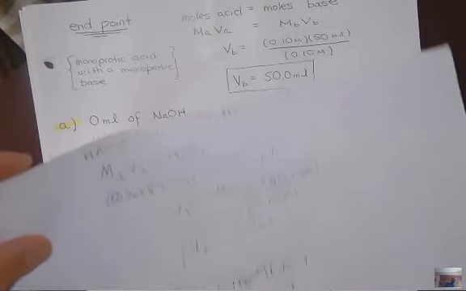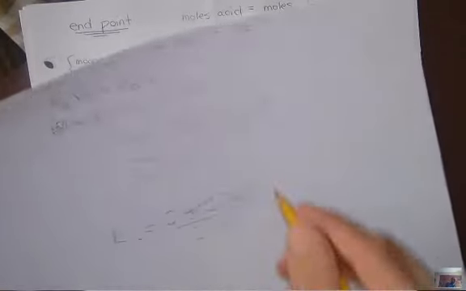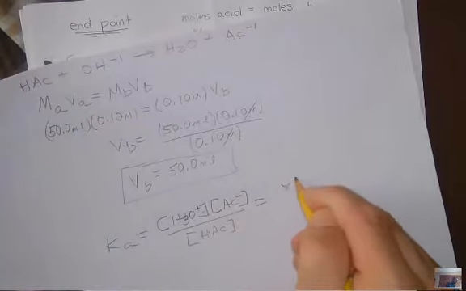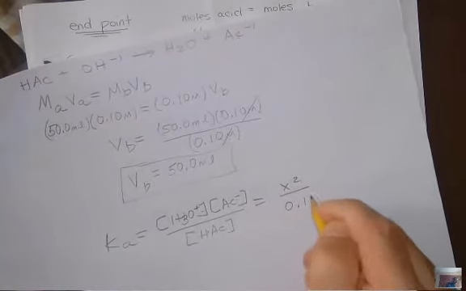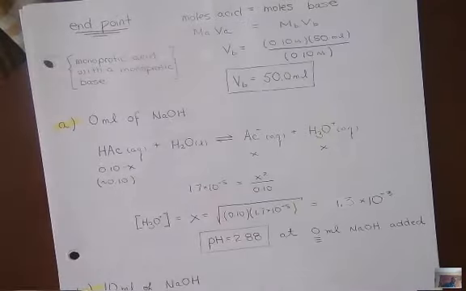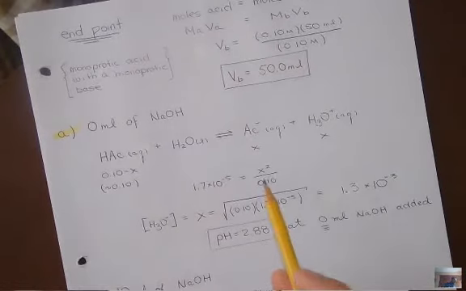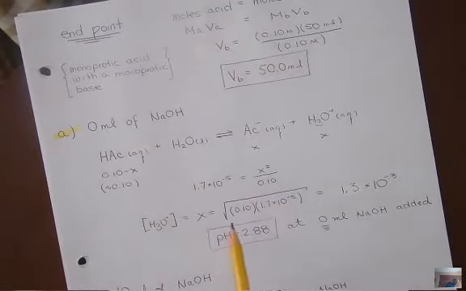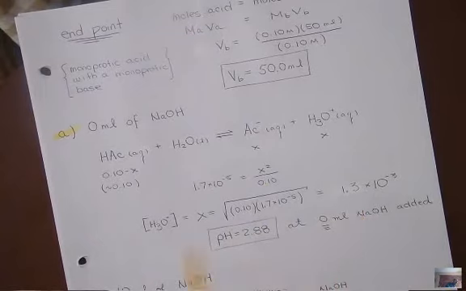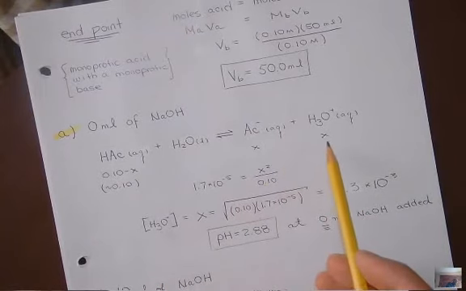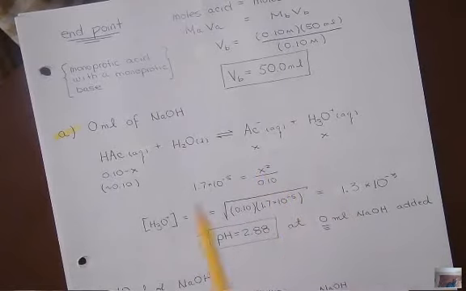So this is X times X, X squared, over the 0.1. We've done that a lot of times. That's how I get that. Rearrange, solve for X, take the square root. You'll get the hydronium ion concentration, which is one of the things that X is measuring. It's also the acetate concentration.